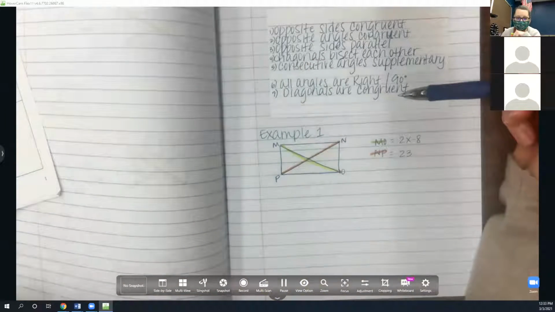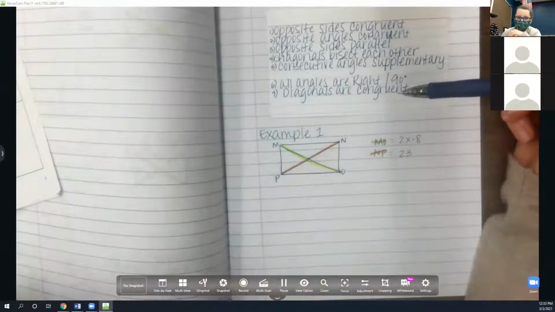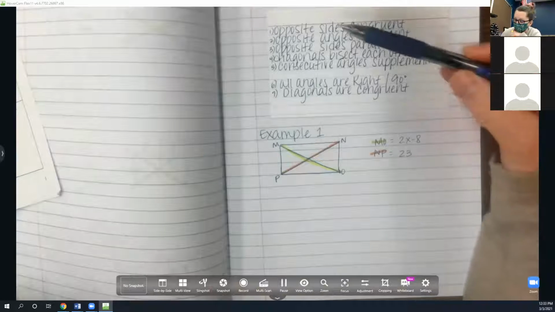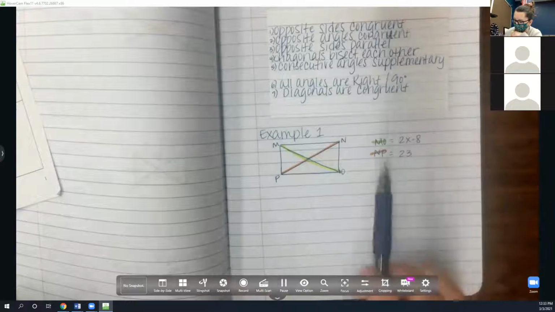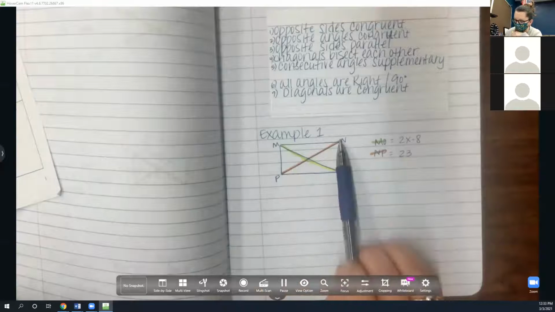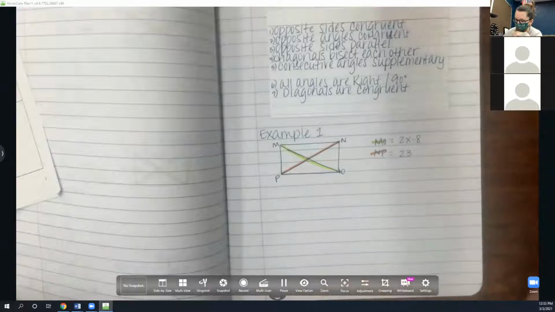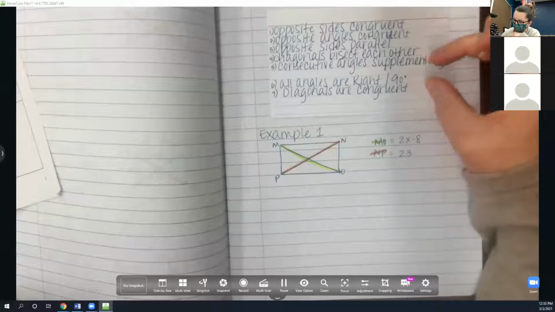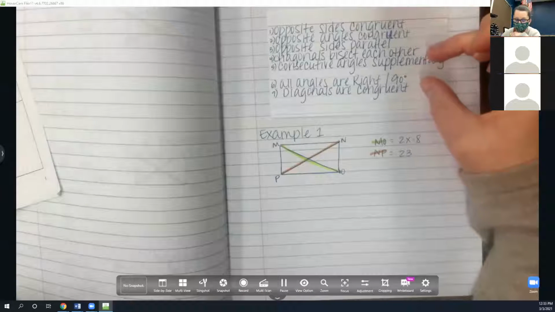Put a number in the chat. Go ahead and tell me in the chat, Kimberly, Joel, Jayana, David, and Isaac, which property are we going to use that tells us how to solve for this? They're diagonals, right? So we want to look for one of the properties that deals with diagonals.